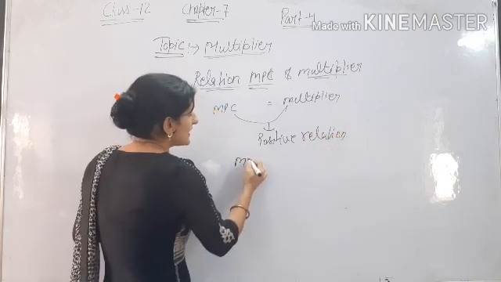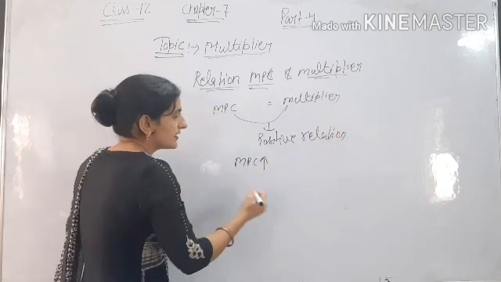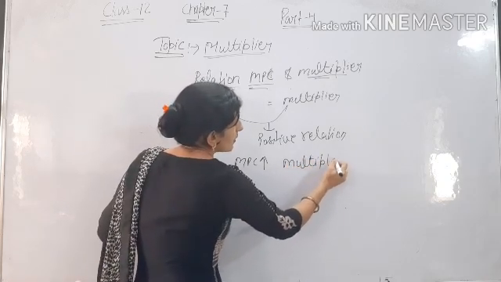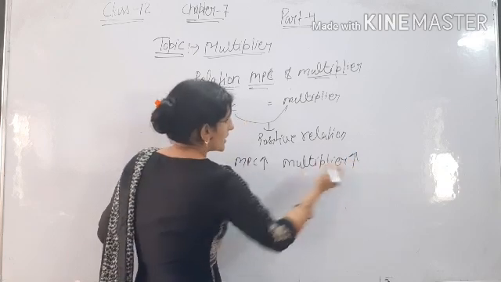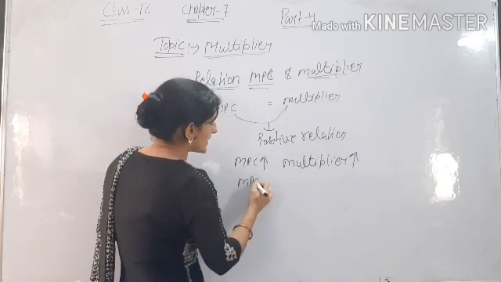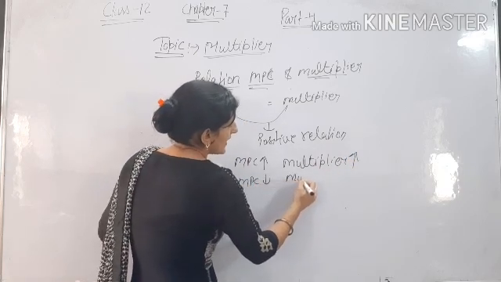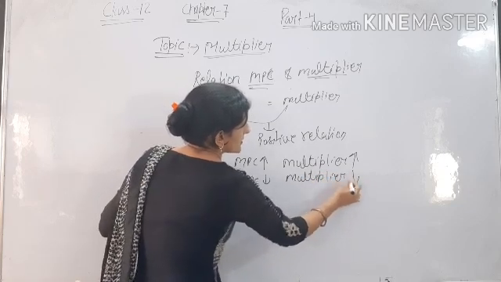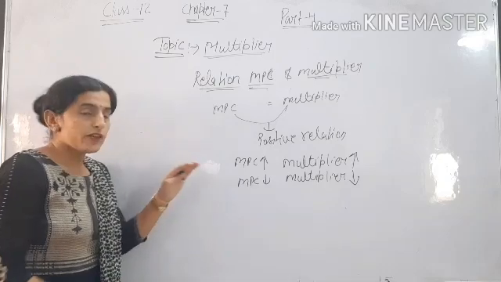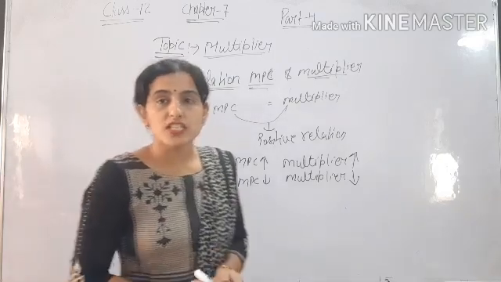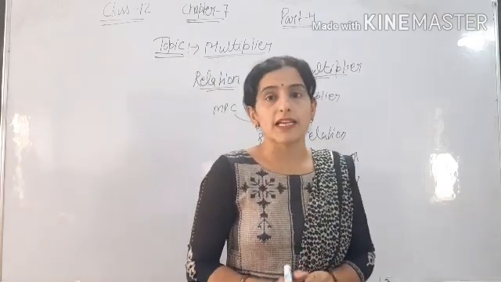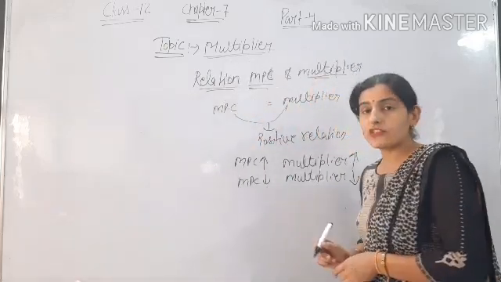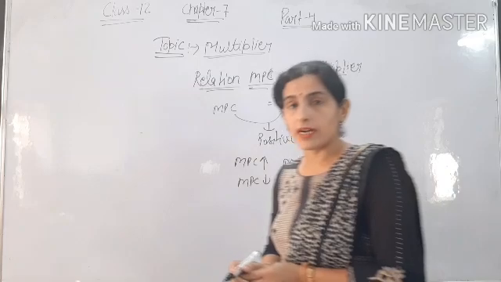It means if MPC increases, then the multiplier also increases. If MPC decreases, the multiplier also decreases. So in whatever direction MPC is changing, the multiplier also changes in the same direction. So there is a positive relation between MPC and multiplier.